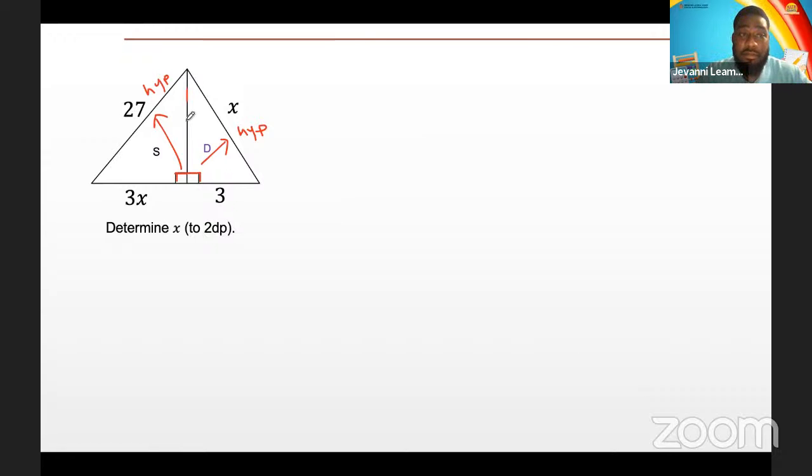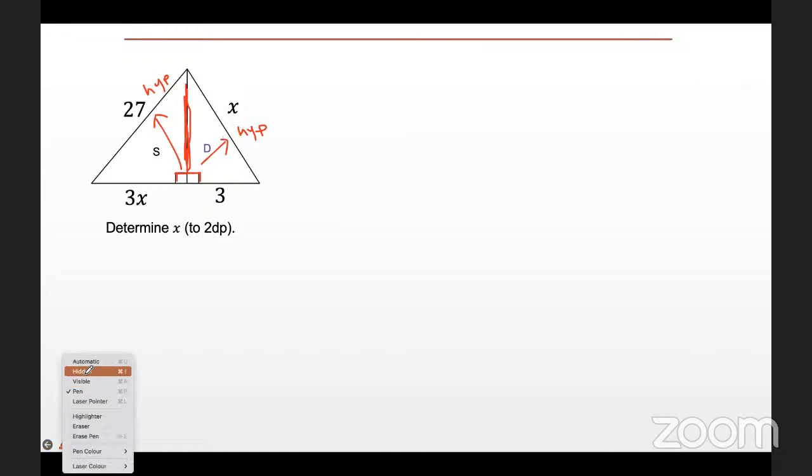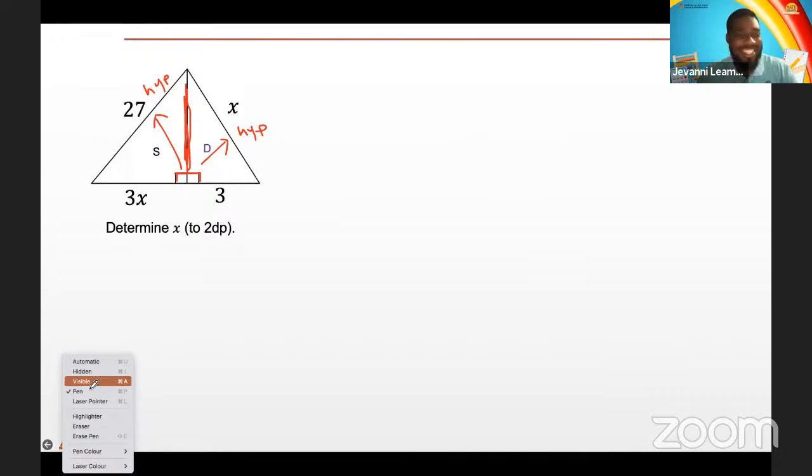In a nutshell, I'm going to find this little side right here first, and then I'll be able to find the value of X. Well, somewhat simultaneously. Oh, so a simultaneous equation? Somewhat.